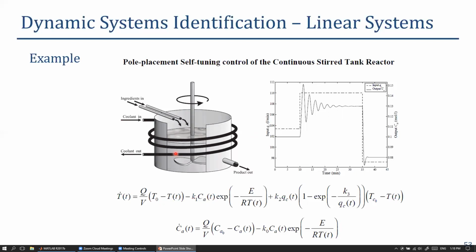Right? And the input to our system is the mass flow rate of the coolant, and the output of our system is the concentration of the product, right? And the product depends heavily on the temperature of the reaction. So that means that with the coolant flow rate, right, the temperature of the reaction is controlled, is kept steady, right?